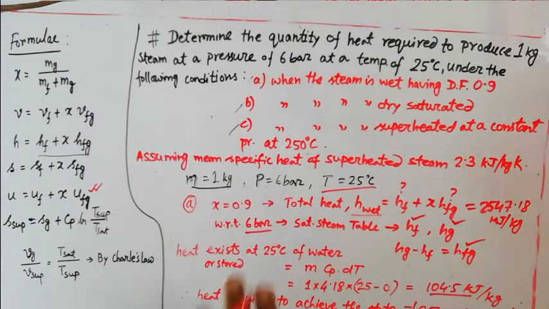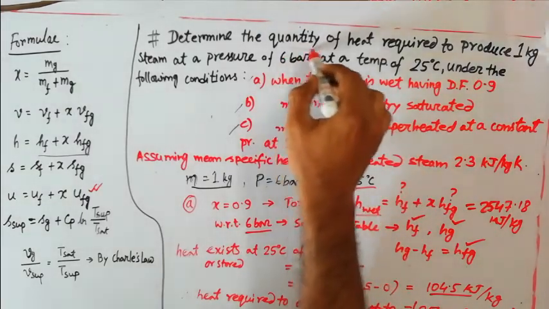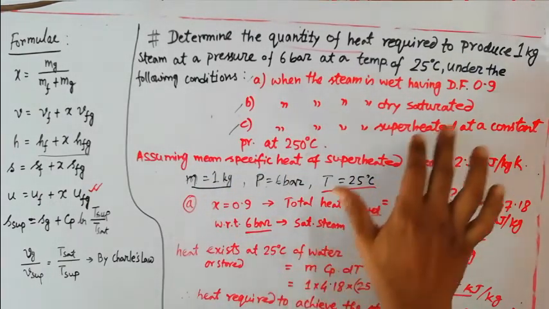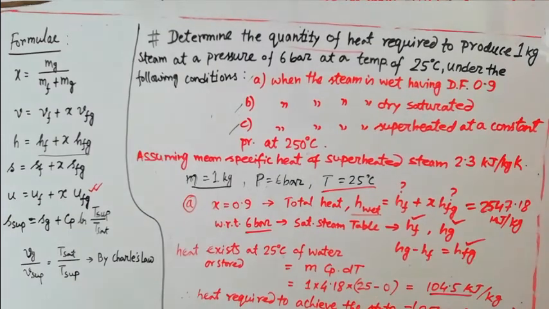Because at constant pressure the heat is nothing but the enthalpy. That's why the total quantity of heat at constant pressure is the enthalpy you are asking for. So that is for condition A, while the steam is at dryness fraction 0.9, the amount of heat you have to supply.